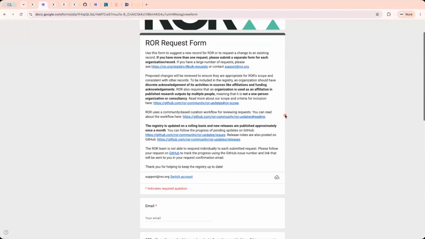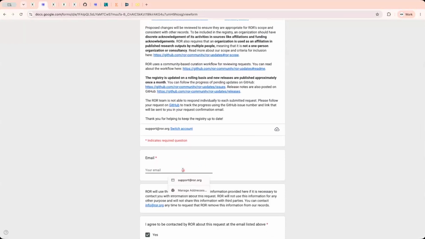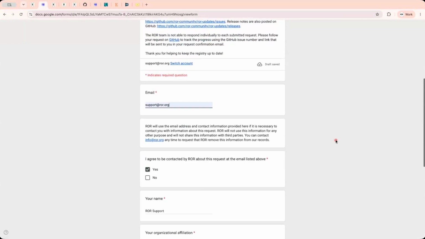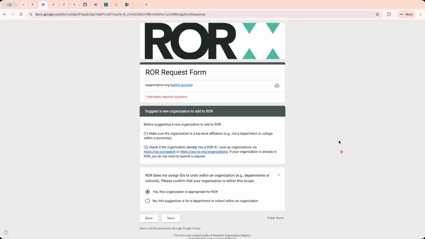The first page of the request form asks for basic information, such as your email address. The second page of the form asks you to confirm that you're sure that the organization is not already in ROR and that you're sure that the organization is in scope for ROR.